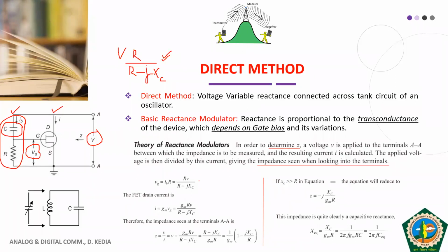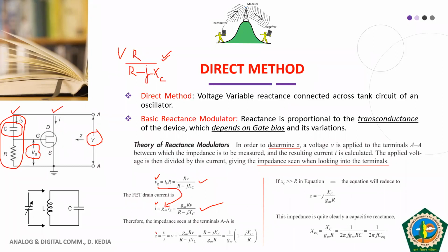So this is what we have shown here, that your gate voltage Vg equals RV upon R minus jXC. We substitute this value of Vg in the governing equation of the FET, and we get I equal to gm R V upon R minus jXC. Very, very simple. We have got the value of I.